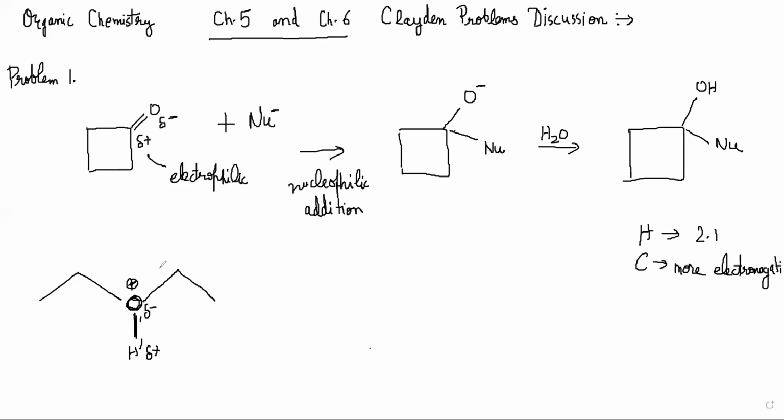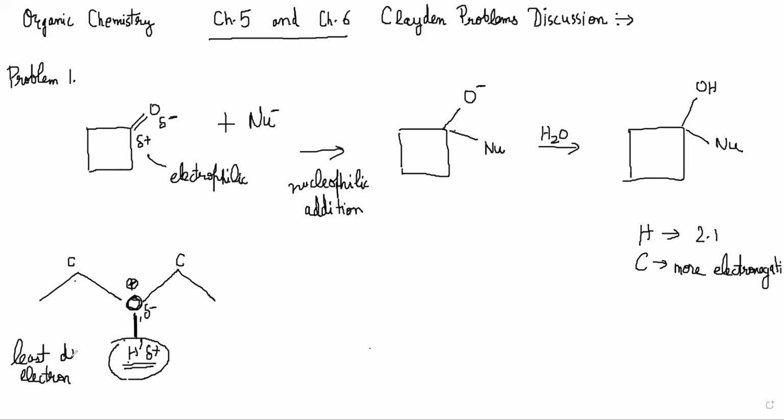So why am I saying it is the hydrogen? Because this is a carbon and this is a carbon, right? Out of all the atoms that are attached to the oxygen, the least electronegative is the hydrogen. So that will have the least electron density.